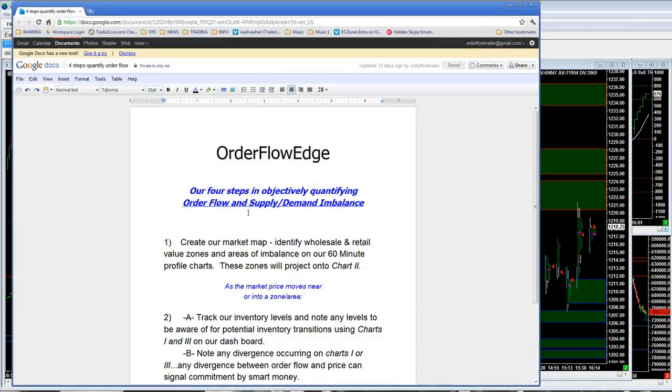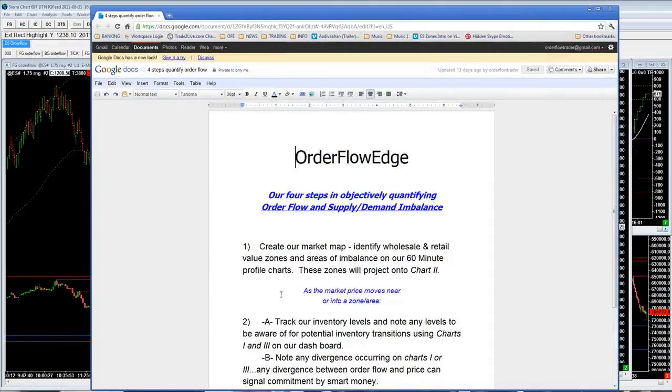These are how we quantify the order flow, quantify supply and demand, quantify opportunity in the market. First thing I always do, guys, and everybody has access to this, it's on the website in the toolbox. First thing I always do, I want to always look and see where is my next zone in relation to where the market is now.